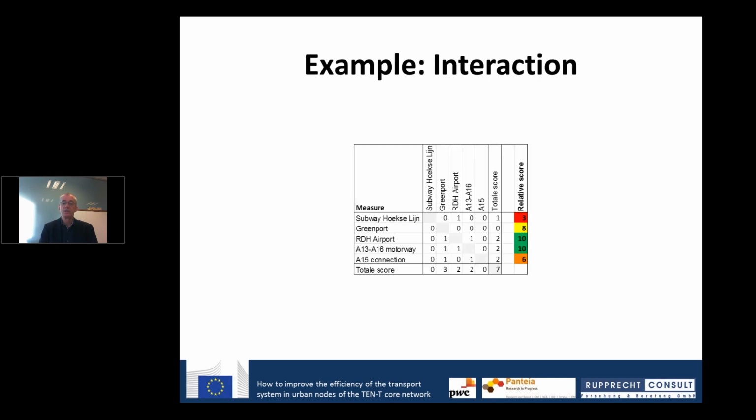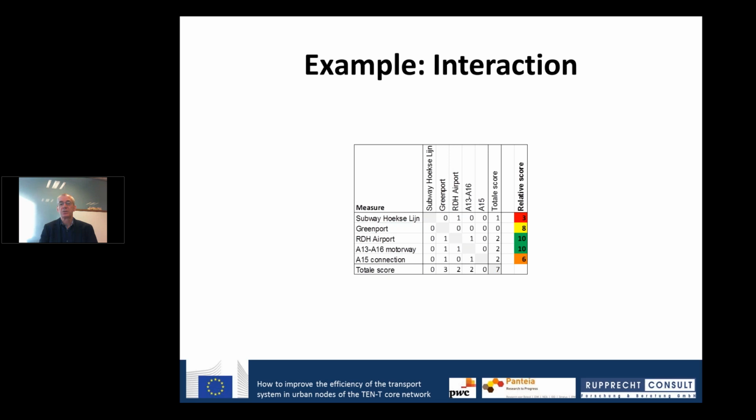In the Rotterdam case, we had 5 main policy measures, and here we see the interaction matrix. It's not completely in equilibrium.